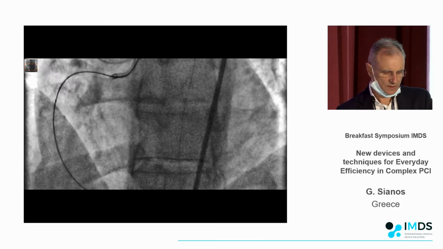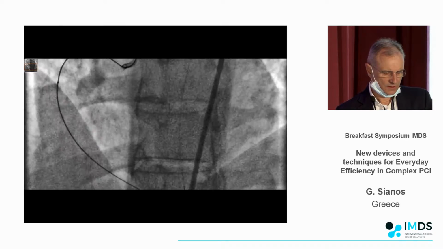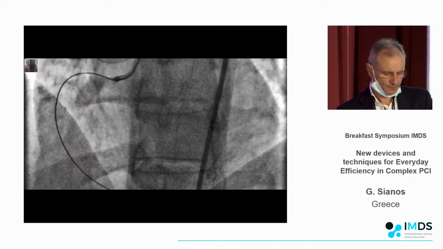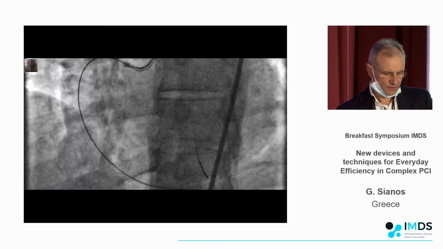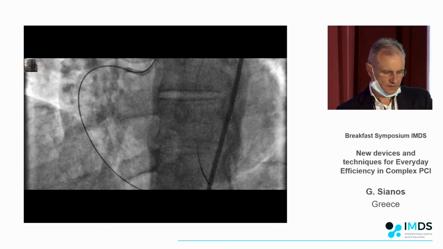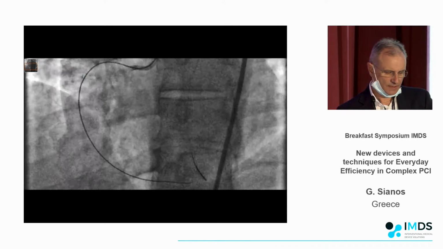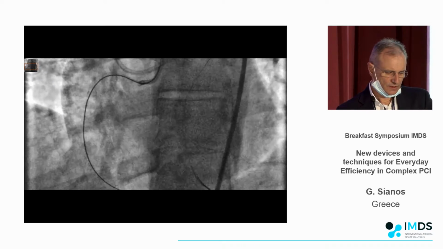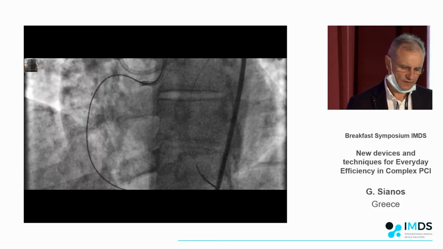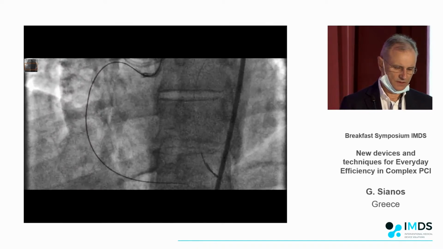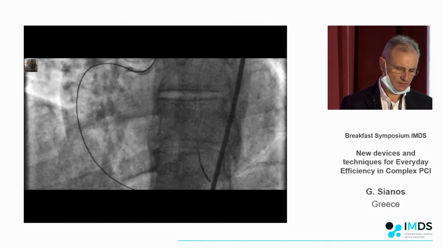So what we did, you see a close-up of the failure of the FineCross, and then through the Trapid the Blimp comes. It has a very short marker, not very easy to see, and you can appreciate here the balloon coming.